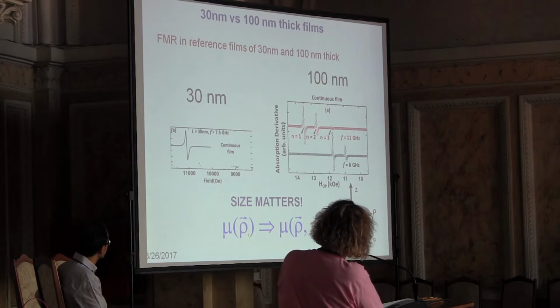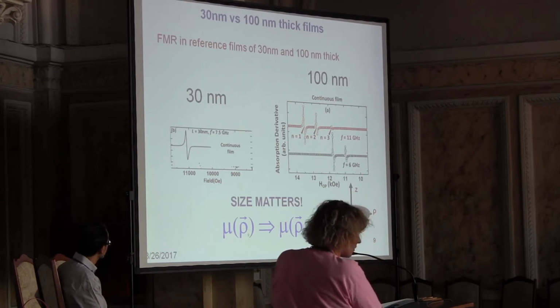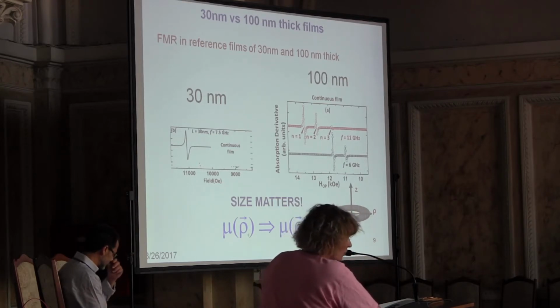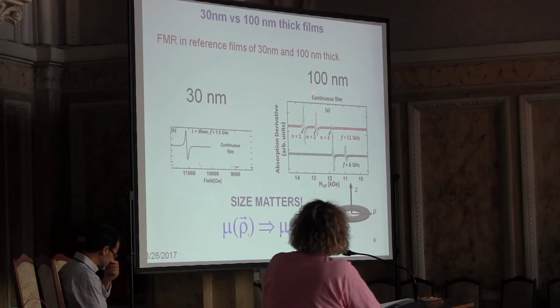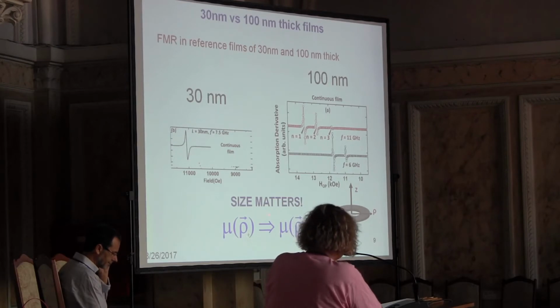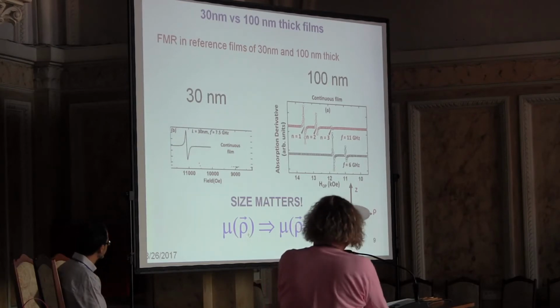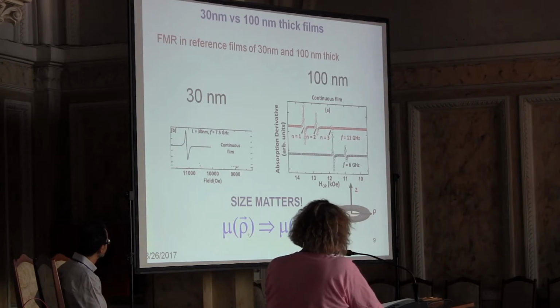Here you can see 3 peaks. What does it mean? It means that for thick films, and also of course for thick rings, we should take into account not only the dependence of the spin wave profile on in-plane coordinates, but also the dependence on the z coordinate.